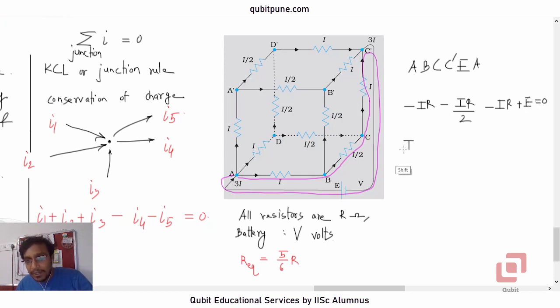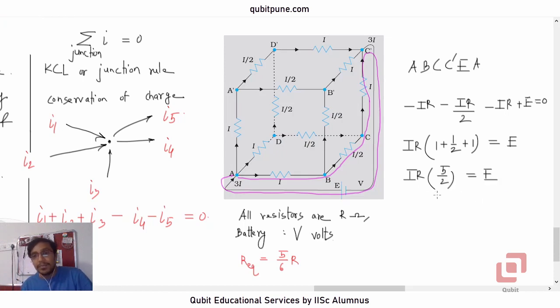Now if I take IR common and send everything to the other side, what will I get? IR into bracket 1 plus 1 upon 2 plus 1 equals E. 1 plus 1 is 2, 2 plus 1 upon 2 is 5 by 2. So IR times 5 by 2 is equal to E.